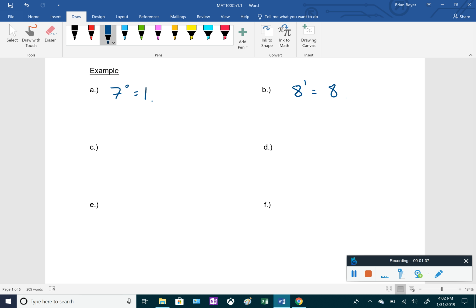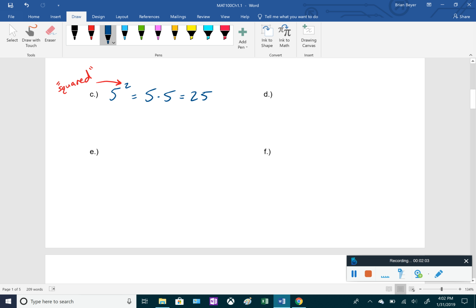Next one, say we have 5 to the second power. So this is equal to 5 times 5, which is 25. So 5 multiplied together twice. Whenever we have an exponent of 2, we can just say that that is squared. So that's 5 squared is 25.